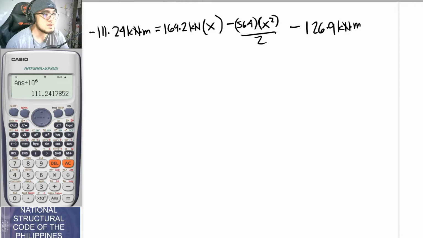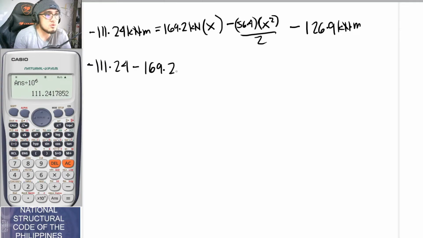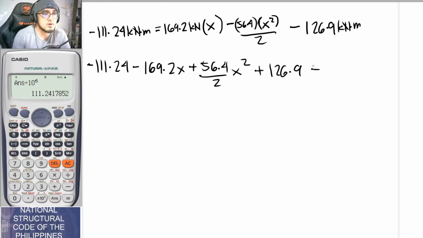So this is negative 111.24 kilonewton meter. If I put this on the other side, this is negative 169.2x. Then this is positive 56.4 divided by 2 x squared. And this is positive 126.9, equal to 0.